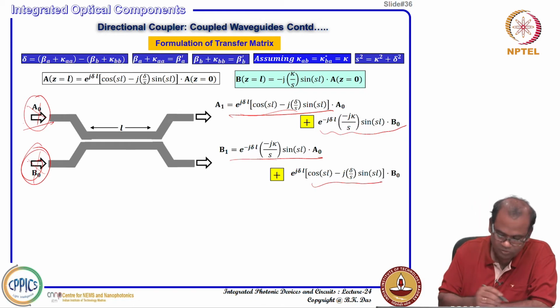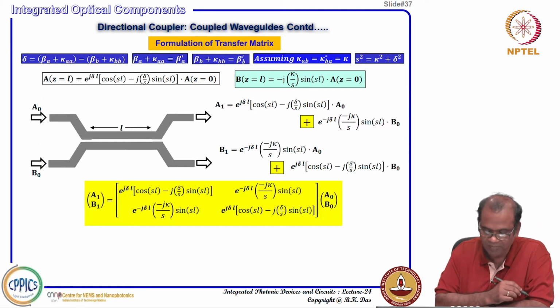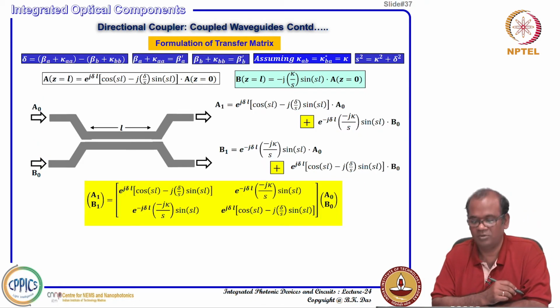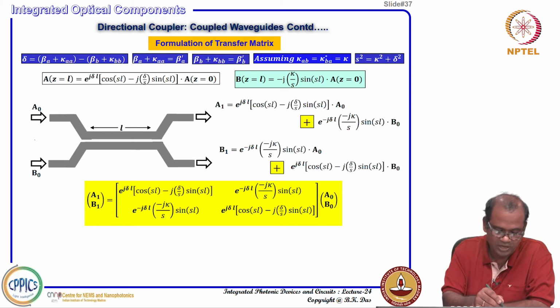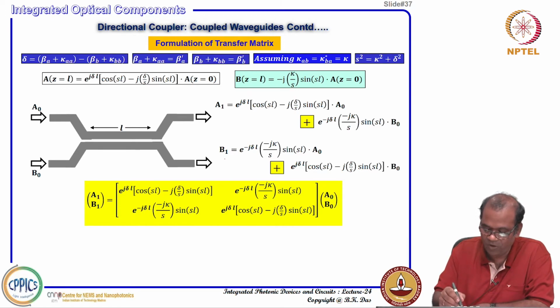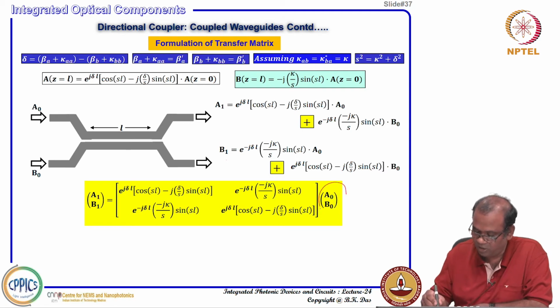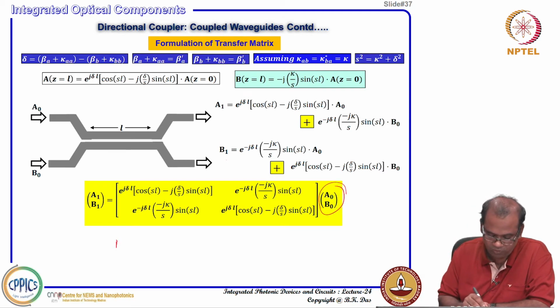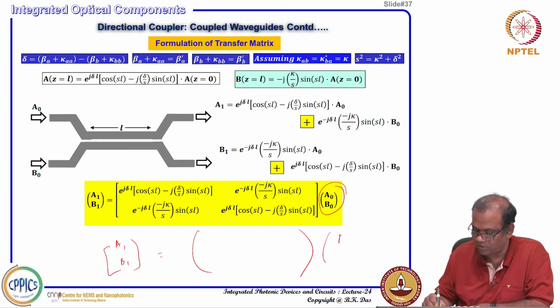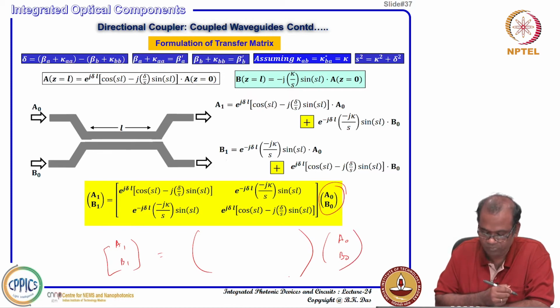Okay. Now, if I try to make a matrix form, A naught B naught is the input, and A1 B1 is the output. I want A1 B1 in some matrix form, so that I can get A naught B naught. That is what you need for circuit simulation.